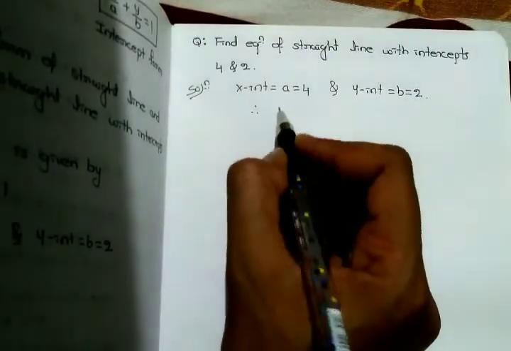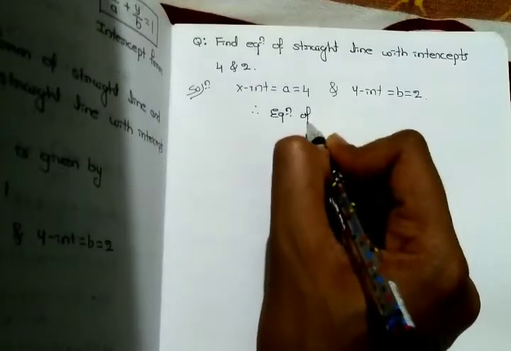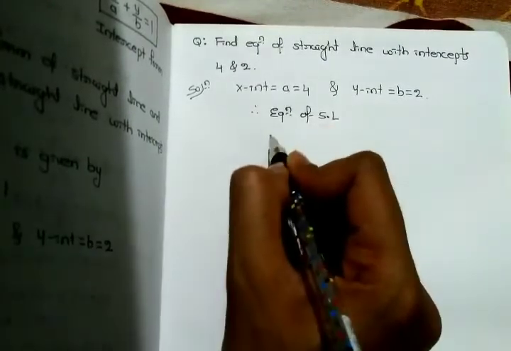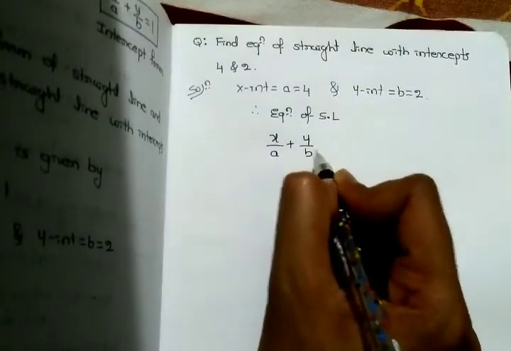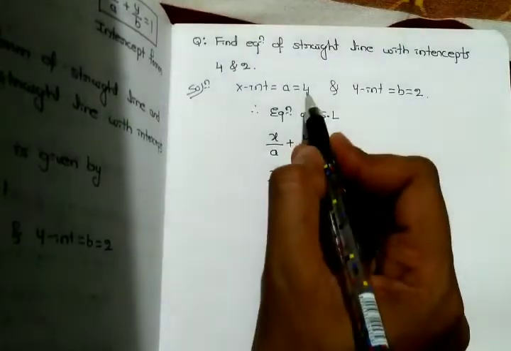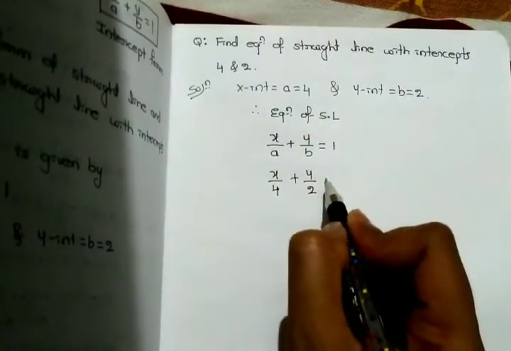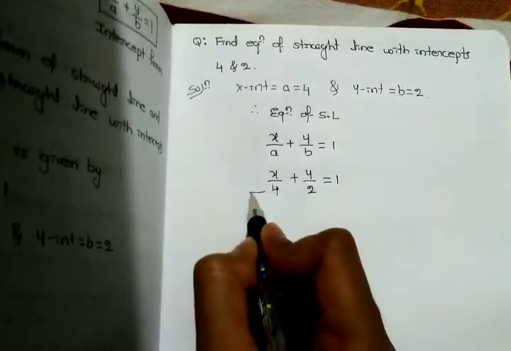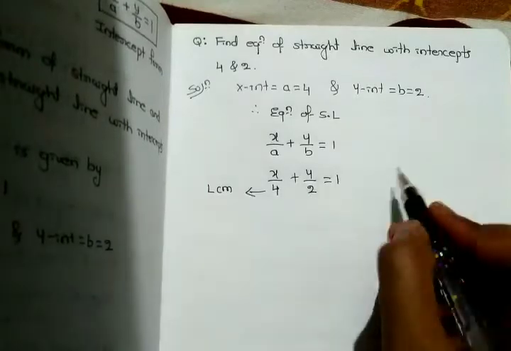Therefore equation of straight line x upon a plus y upon b is equals to 1. Substitute x upon a is 4, y upon b is 2 equals to 1. Next here what to do in the next step, you need to take the LCM. 4 and 2 is there, 4 is the LCM.